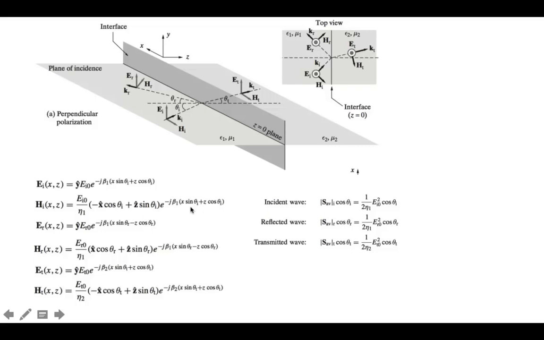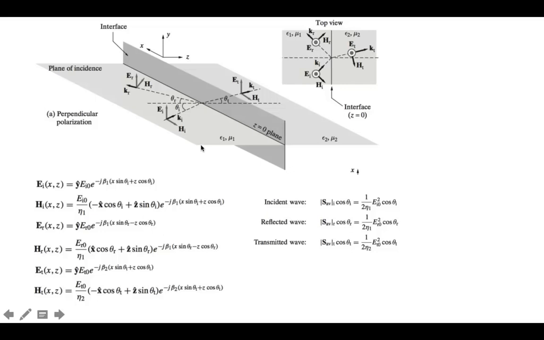And then you can see here we also have equations written for the reflected wave and the transmitted wave. So this is a nice collection of equations that represent both the vector directions and the direction of propagation for a perpendicularly polarized wave as a function of the angles of incidence, reflection, and transmission.